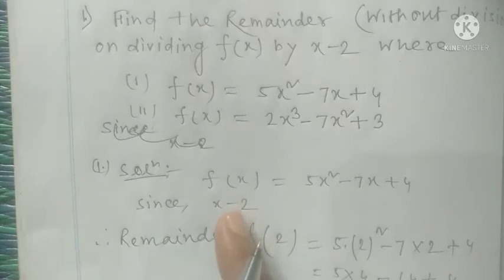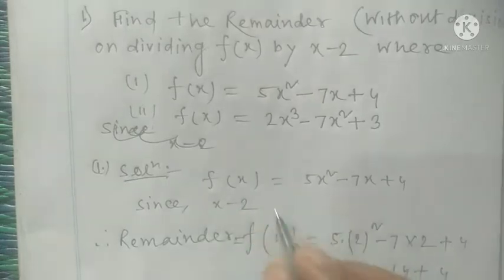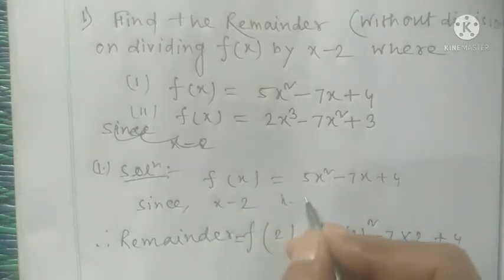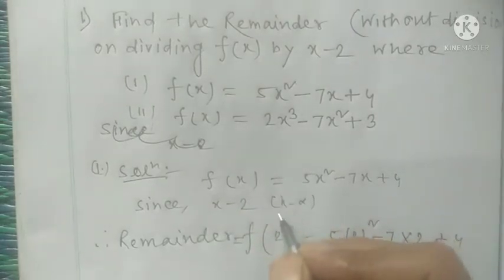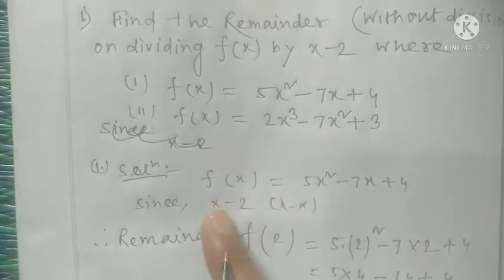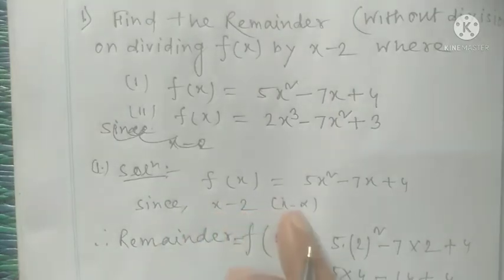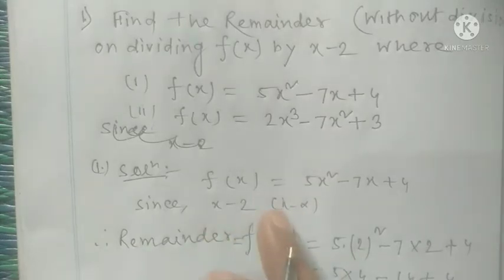In this question you can easily find the remainder, because x minus something is already available. Our formula is x minus alpha. First of all, you have to make the expression where x and the constant term are connected by a minus sign. So first of all you have to remember it.